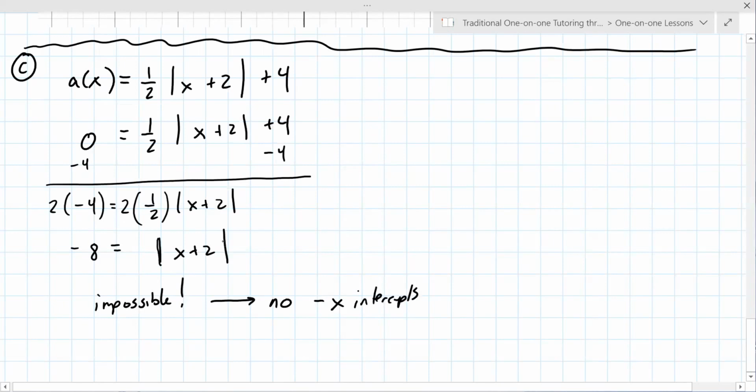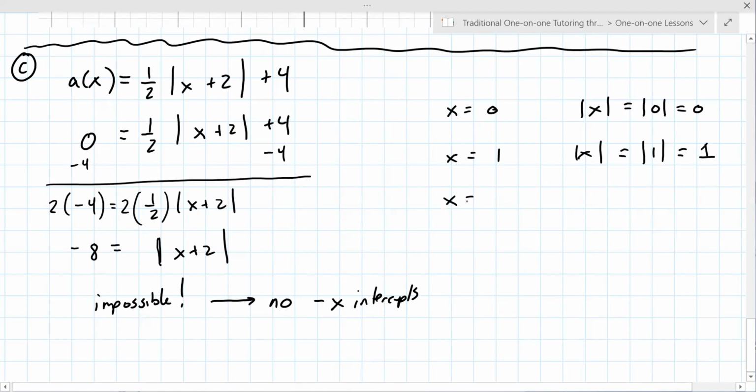Does the absolute value ever return a negative number? So let's look here. Let's say x equals 0. What is the absolute value of 0? 0. Let's say x equals 1. Then the absolute value of x is the absolute value of 1. What is the absolute value of a positive number?